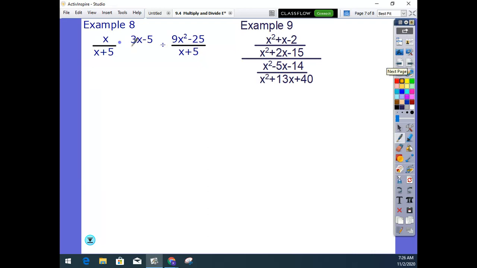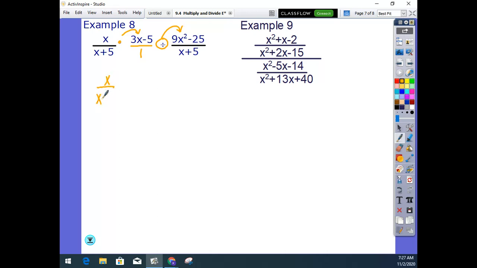Okay. So first of all, I know that has to go over 1. This is a times, so that means this stays the same, but this is a divide, so I need to change that portion to a multiply.